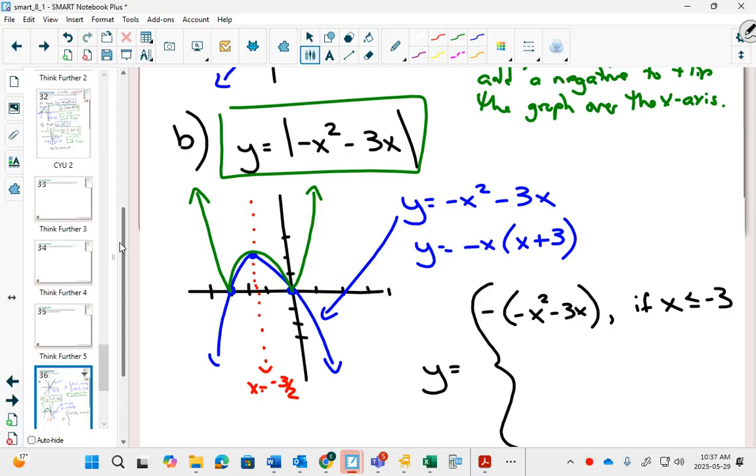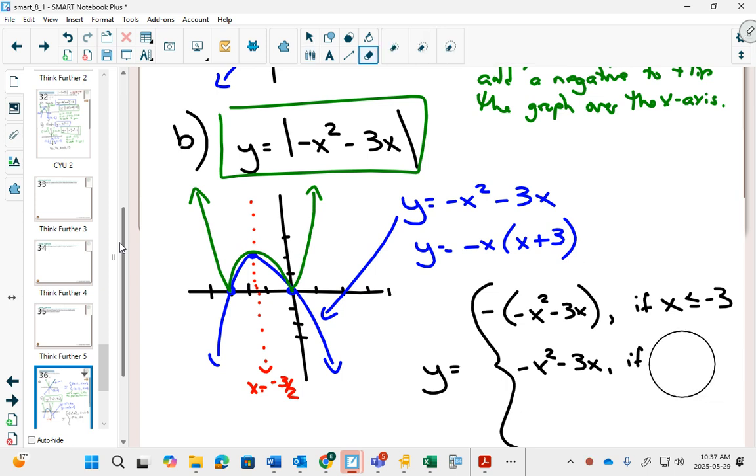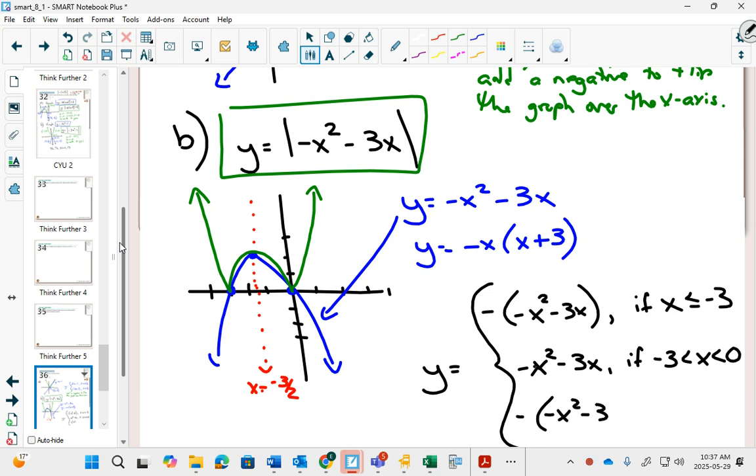Then my piece between negative 3 and 0 stayed the same. So that would be negative x squared minus 3x if negative 3 is less than x less than 0. And finally, it got flipped again, when x was bigger than or equal to 0.